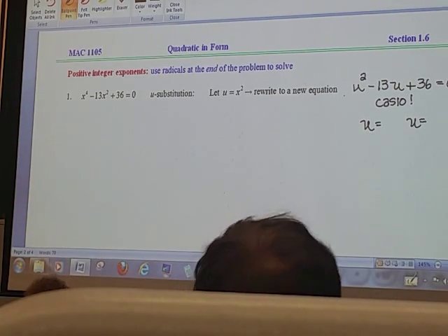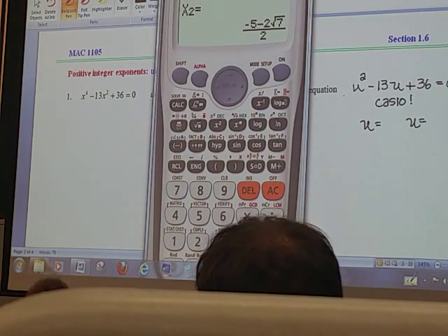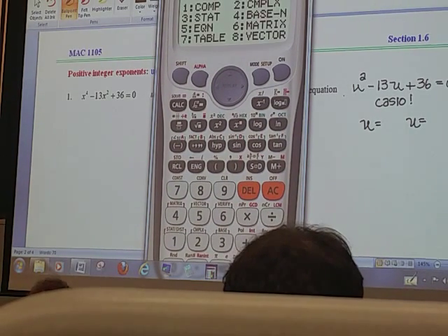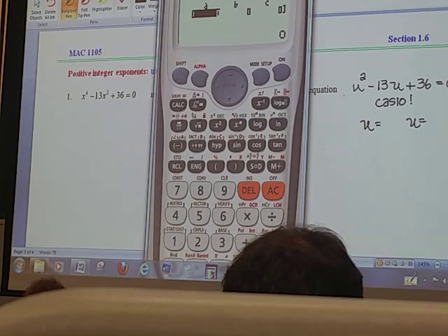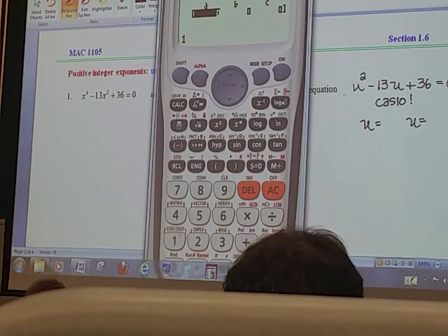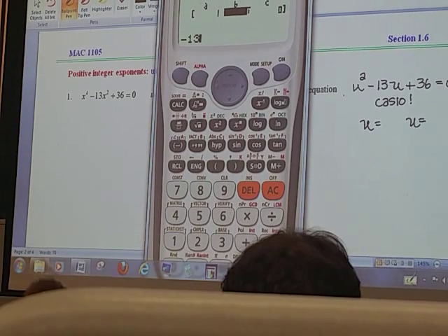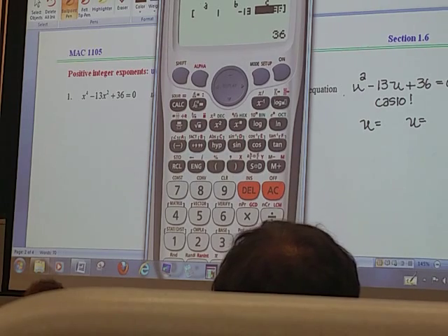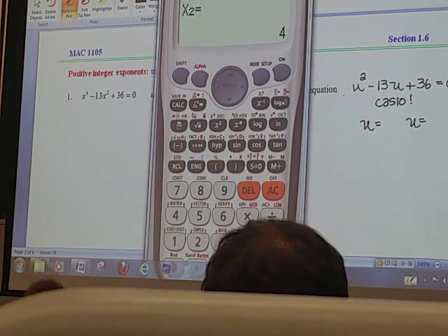So let's do it. Let's say mode equation number 3. I have 1 in front of the squared term, negative 13 in front of the term to the first power, and 36 as my constant. So my two answers are 9 and 4.